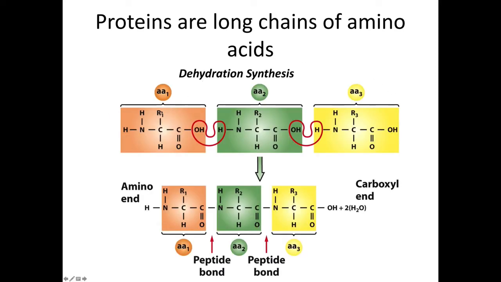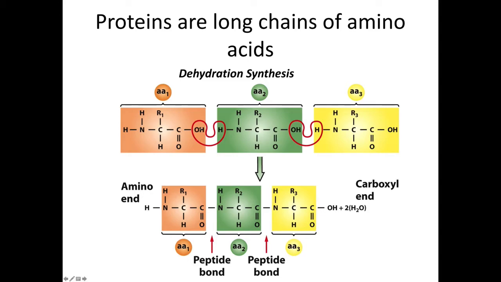So in this particular case, you have a side group R1, a side group R2, and a side group R3, and this forms a set of amino acids. It's the carboxyl end of one amino acid reacting with the amino end of the other amino acid that links the amino acids together through something called dehydration synthesis.